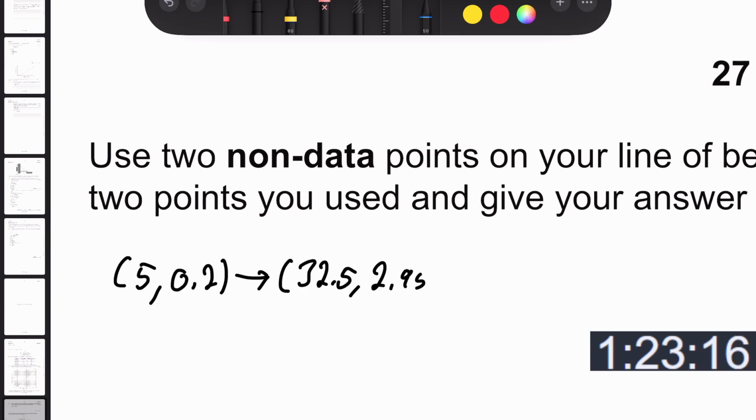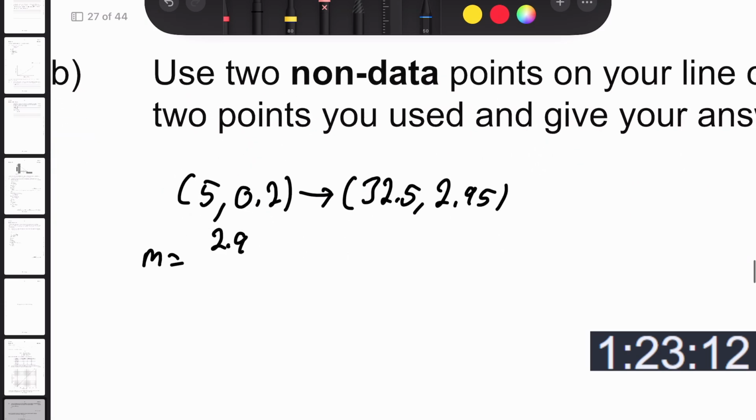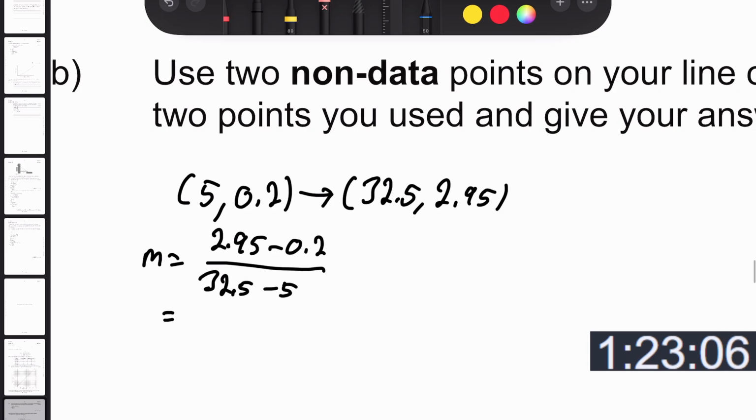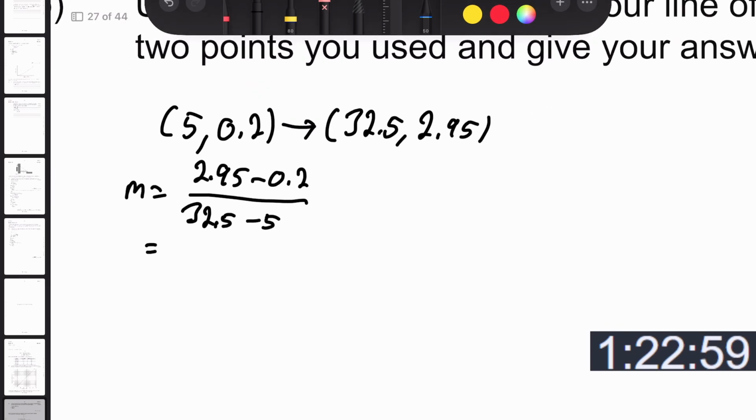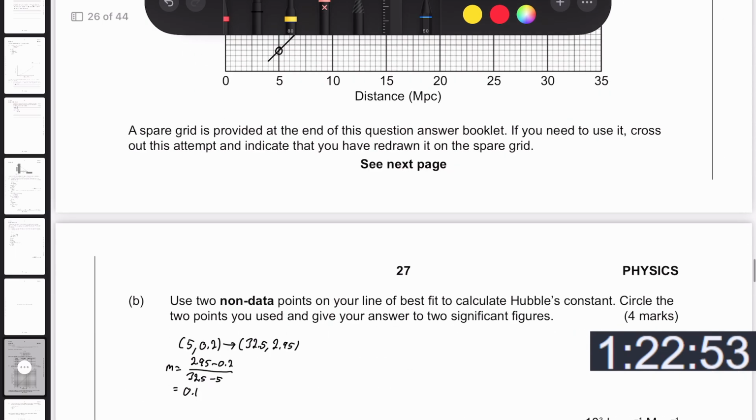So then m is equal to 2.95 minus 0.2. So my m is 0.1. Oh wait, megaparsecs.